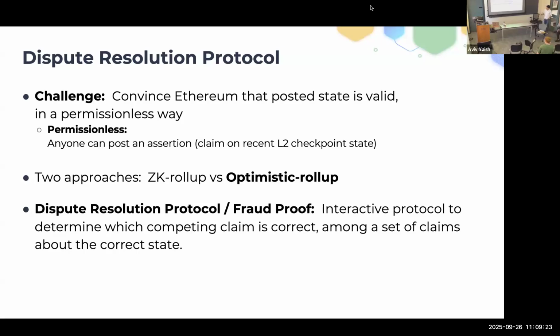Optimistic rollups do it via what's called a dispute resolution protocol, sometimes called a fraud proof or fault proof system, which is an interactive protocol to determine which competing claim is correct among a set of competing claims. The idea is that if one claim is posted and enough time passes, it will just get confirmed, if no other claim was posted after some window.